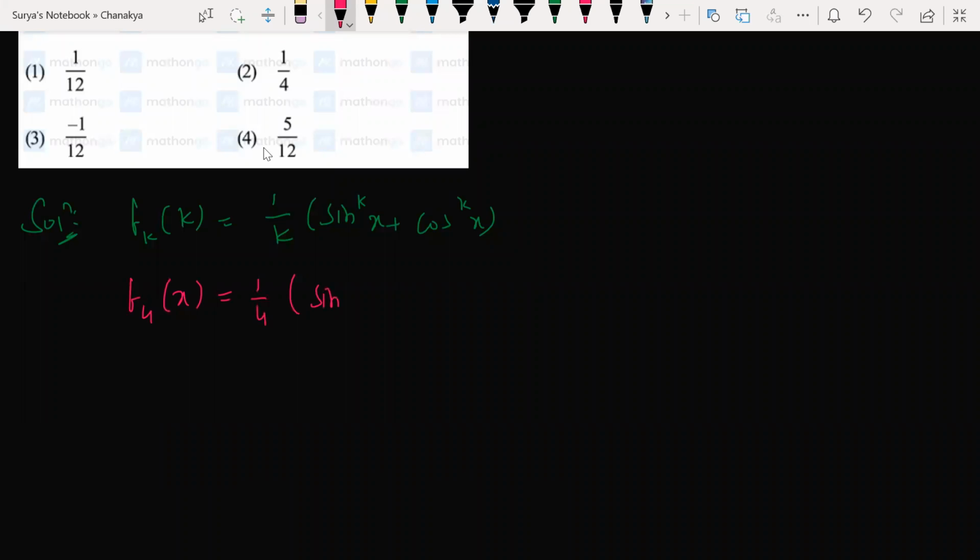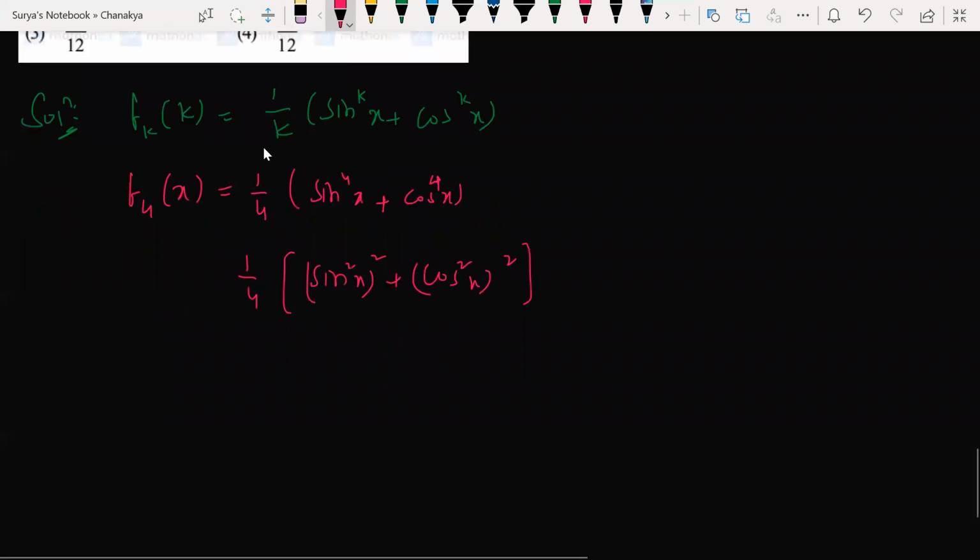Can you explain, beta? 1/4 of sin to the power of 4x plus cos to the power of 4x. Did you solve in the same way? 1/4 common. This can be written as (sin square x) whole square plus (cos square x) whole square, beta. Correct? All right.